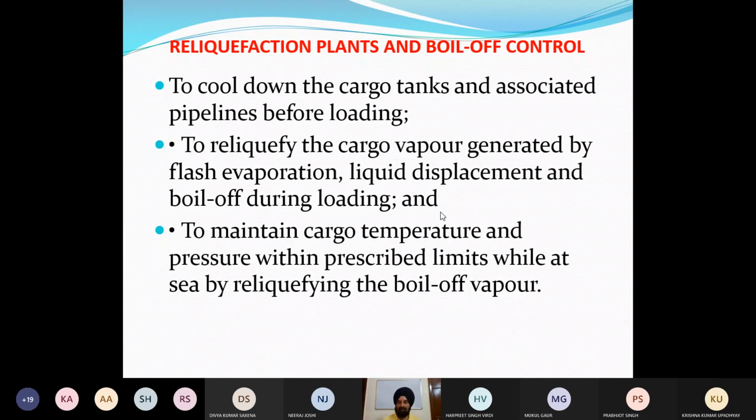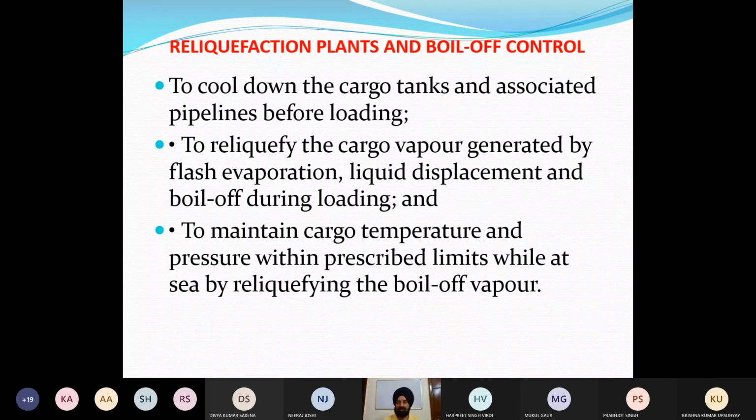So basically this plant will be on the ships which are carrying low temperature gases, but not on the LNG carriers. LNG is basically, you know, methane. What is the problem with LNG? There the temperature is very low, -160. To convert this vapor, this gas, back to liquid, you have to cool down this gas to -160.